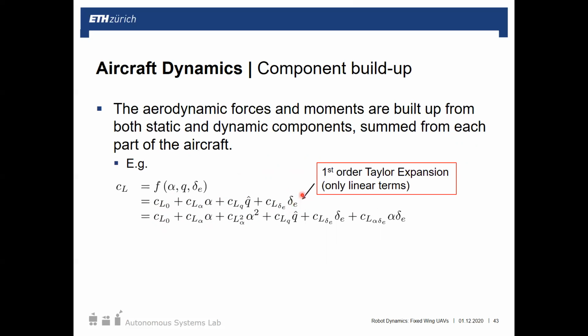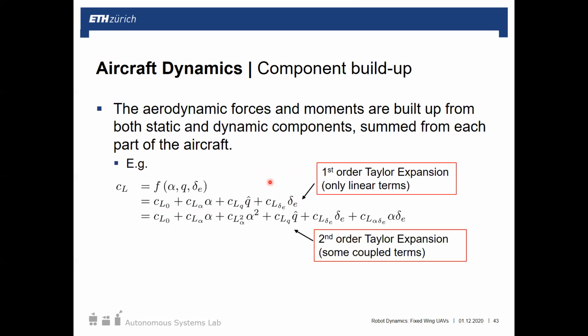We have elevator deflection here acting against some lift per elevator, just in a linear approach. These are all individual coefficients. Angle of attack is a linear term, pitch rate is a linear term. Second order could also be used. Depending on how weird the aerodynamics might be, we might have a squared term for alpha.